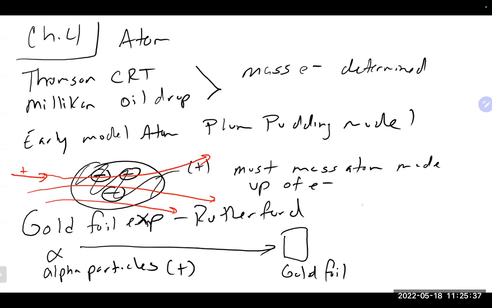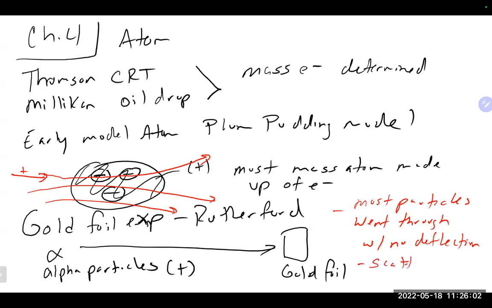He saw that most of the particles went through with no deflection, which basically meant it had to pretty much hit nothing. It had hit empty space, basically. He did see that every so often they were scattered at large angles.